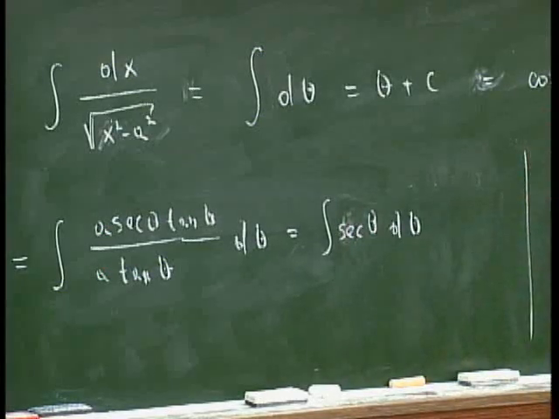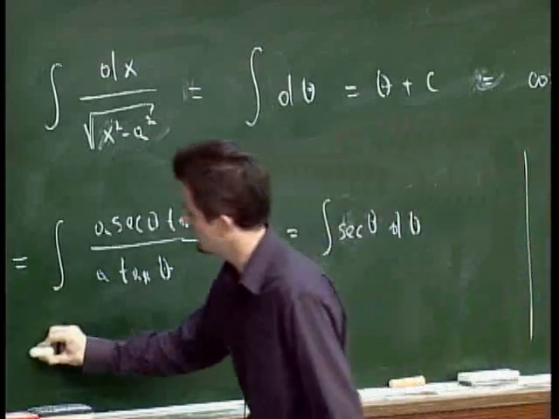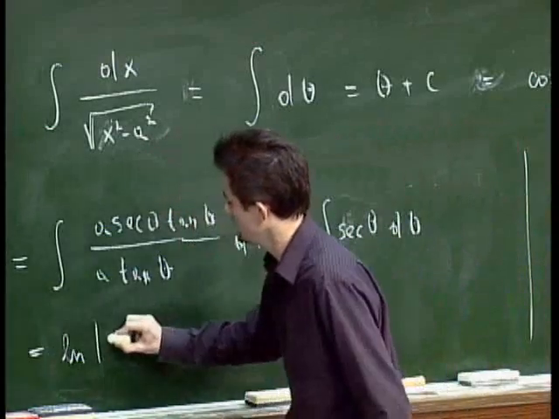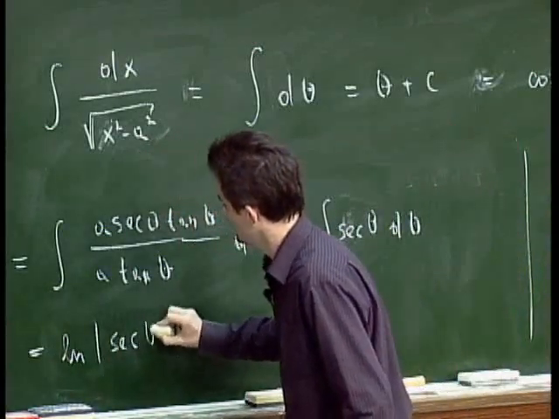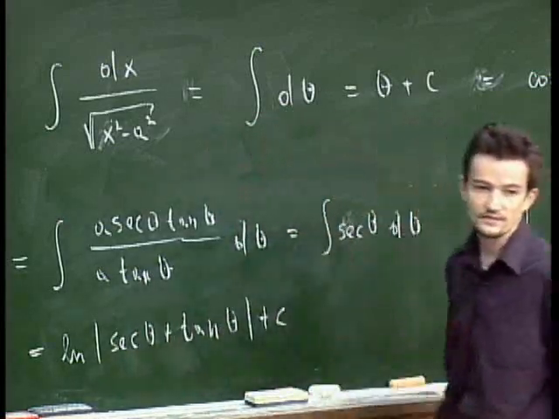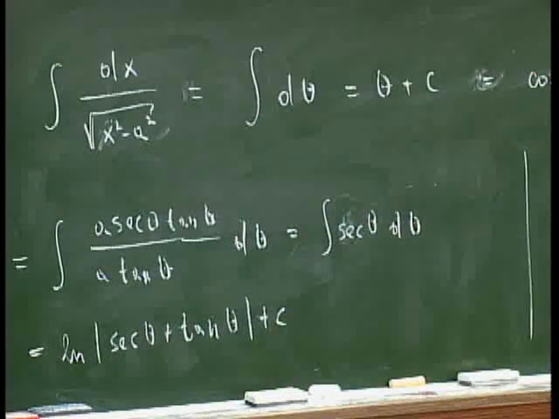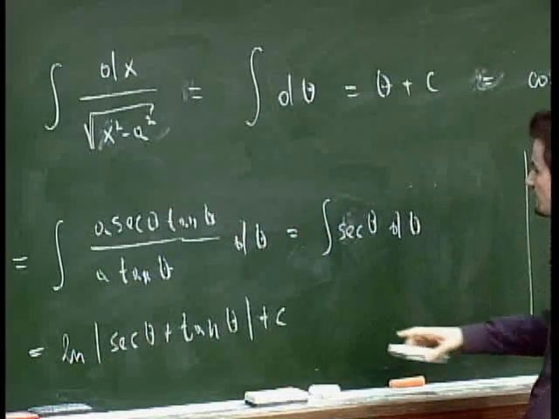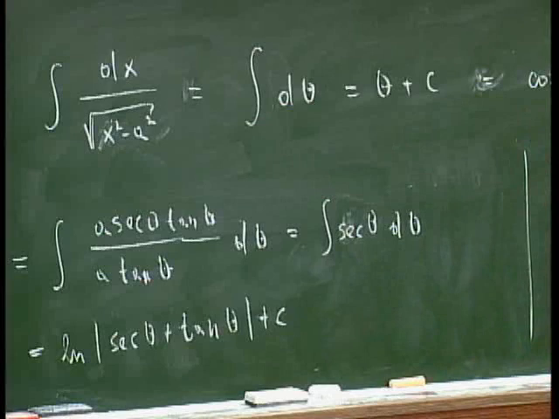This integral we computed today. So this integral is ln of the absolute value of secant of theta plus tangent of theta plus a constant. Now we have to rewrite things back.